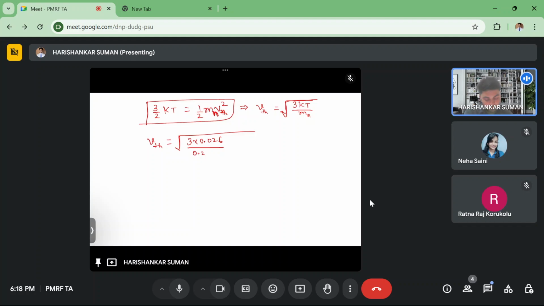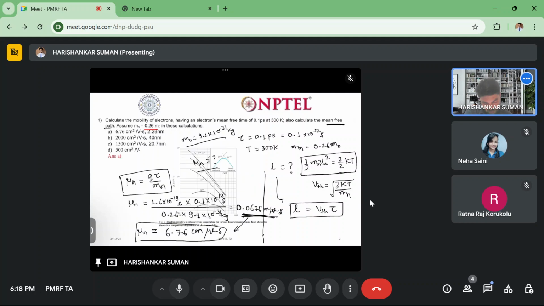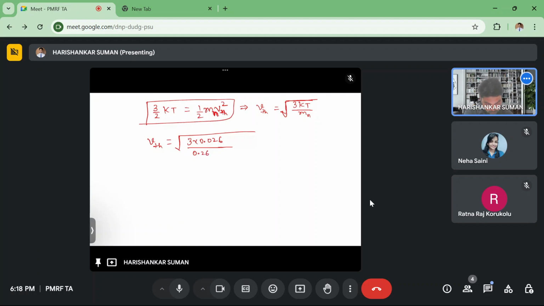What is the mass of electron? 0.26 times the rest mass. The kT value at 300 Kelvin is 0.026 eV.